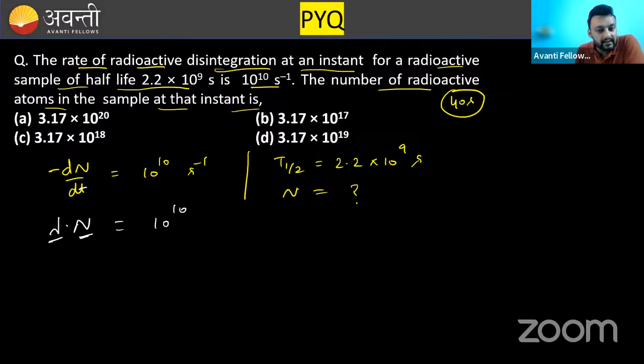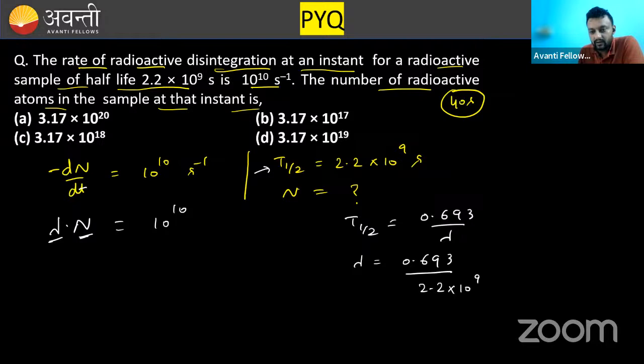And for the calculation of this lambda, T half is given. You know the relation T half is equal to 0.693 divided by lambda. So lambda is equal to 0.693 divided by T half. And T half is 2.2 into 10 raised to the power 9. Clear?